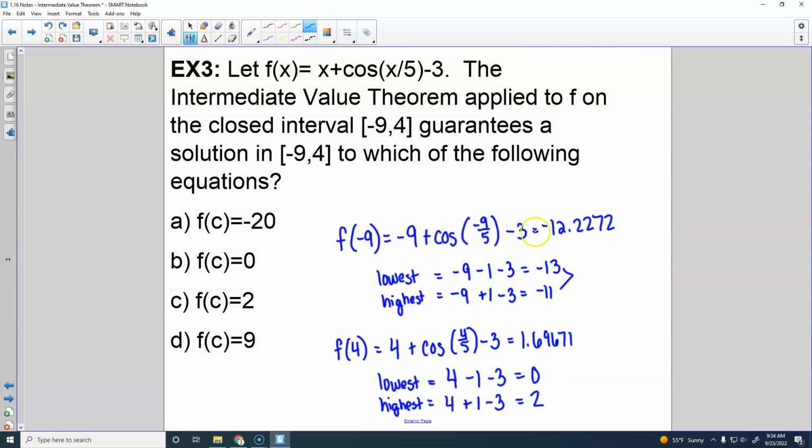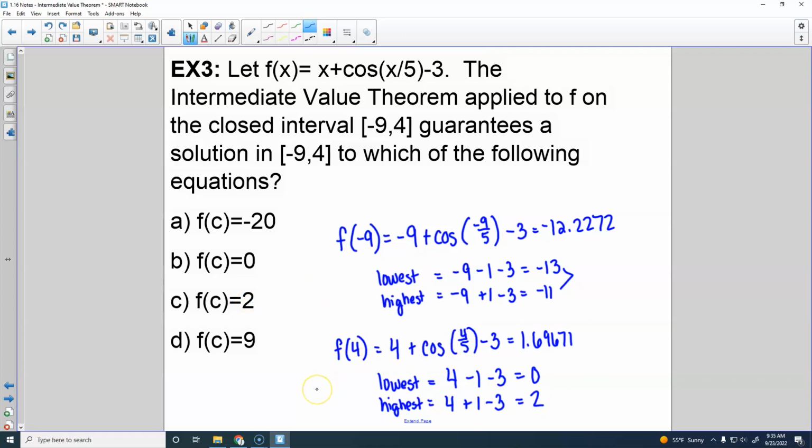So, calculator active, you know the exact values. Calculator inactive, we know we got somewhere between -13 and -11 and 0 to 2. And I know that cosine of 0 is 1, right? This does not equal 1. So I know it's not actually the highest, so I know it doesn't equal 2.